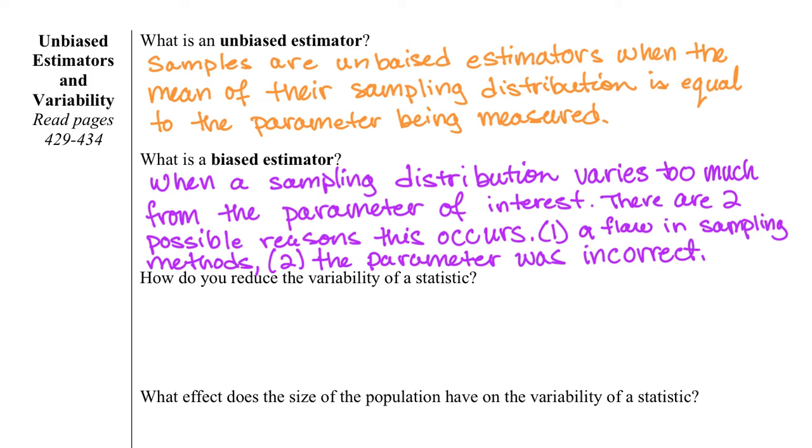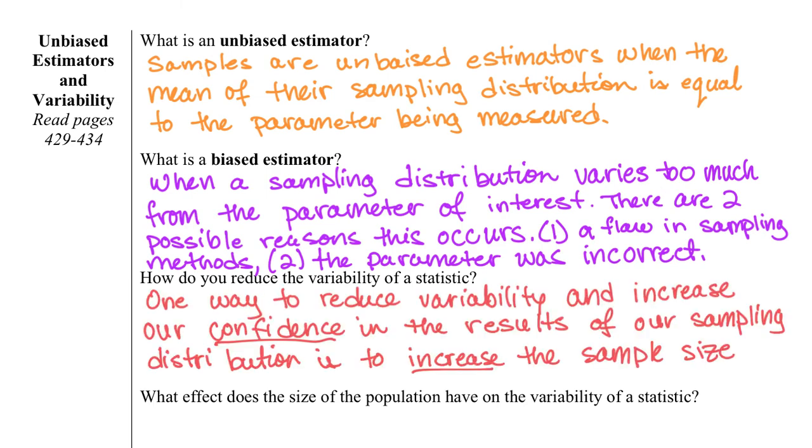All right, how do you reduce the variability of a statistic, and why would you want to? One way to reduce variability is to increase our confidence. So how confident are we with our results? The easiest way to fix that is to increase the sample size.